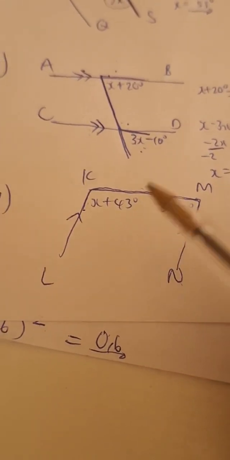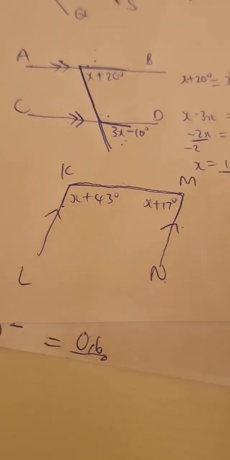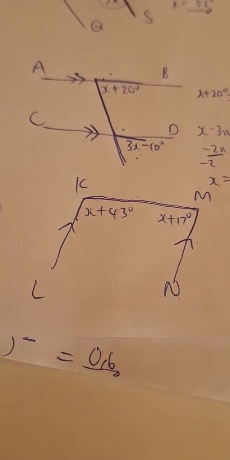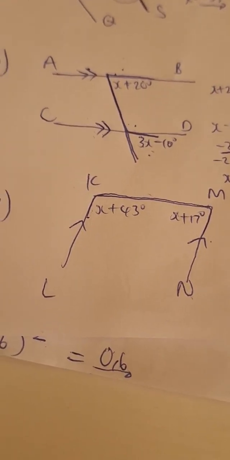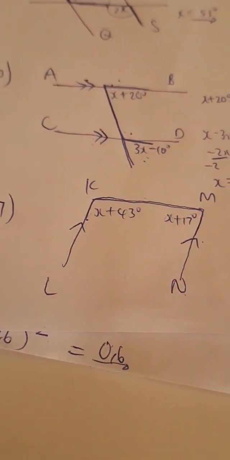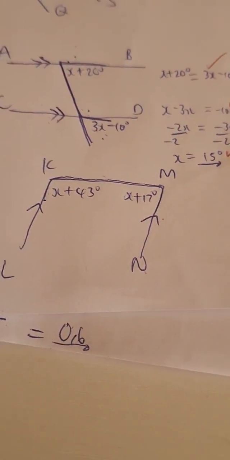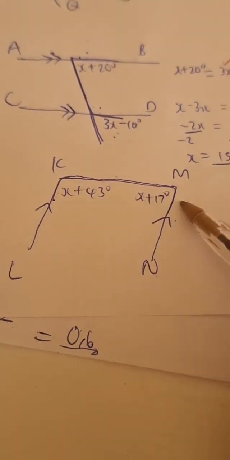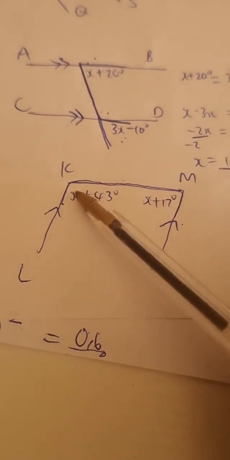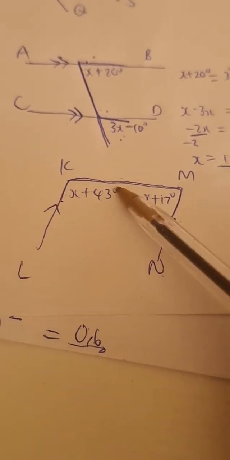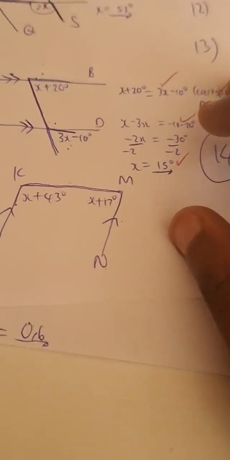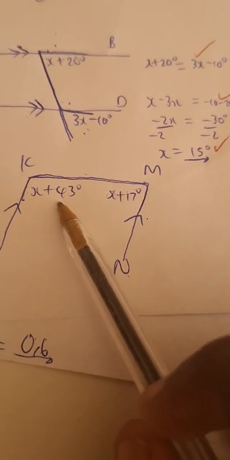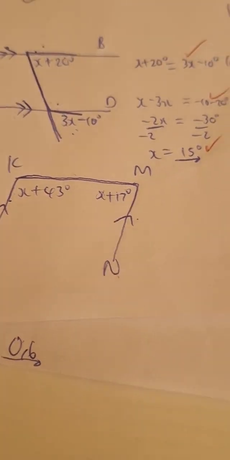So these angles, I call them the armpit angles. If you extend your two arms in front of you in a parallel state, and then you smell one armpit on the right, you smell the other armpit on the left, these are like your armpits. They smell, right? So we call these co-interior angles. So what do we know about the relationship of these co-interior angles? They add up to 180.